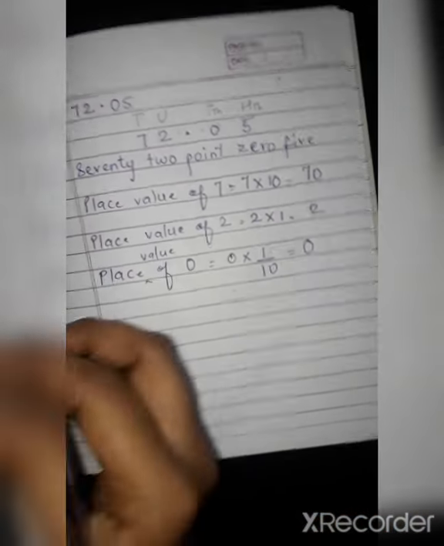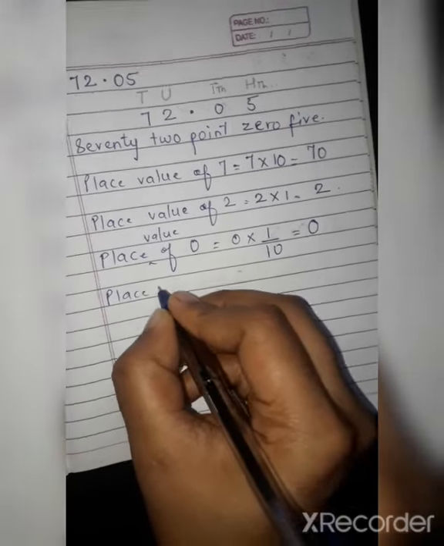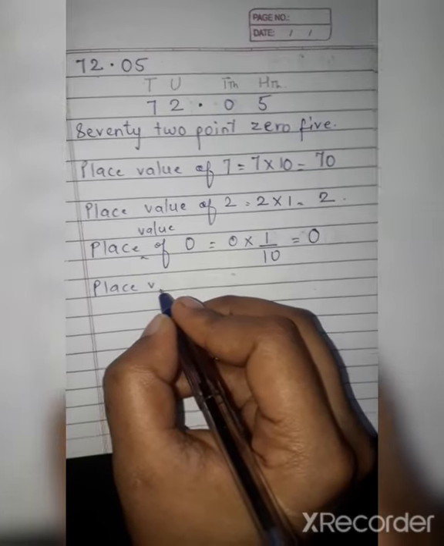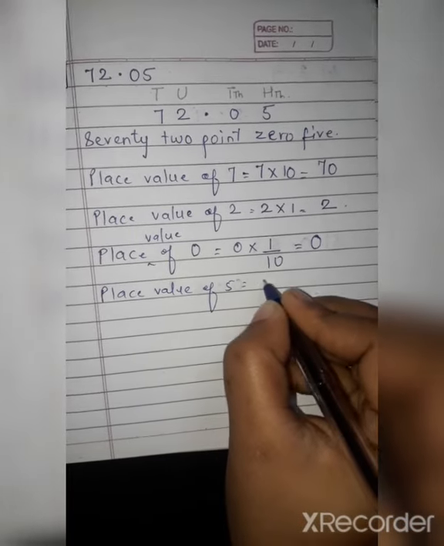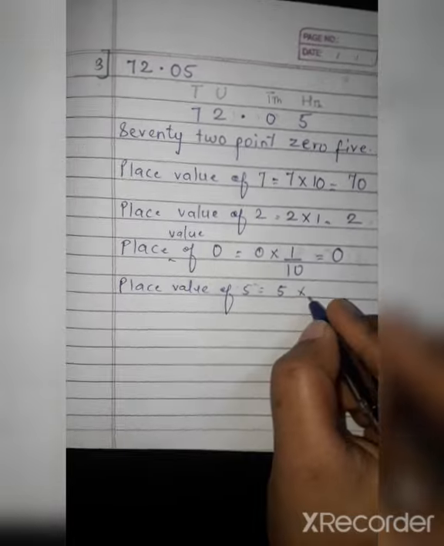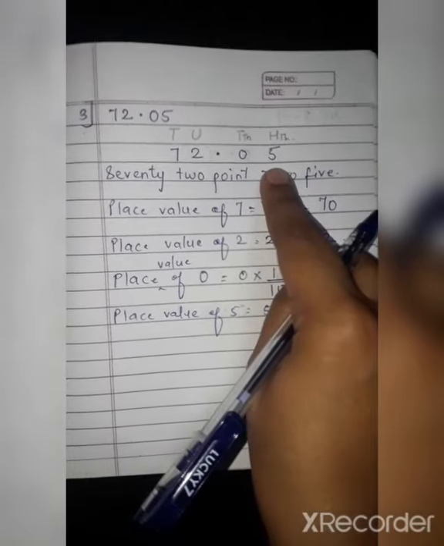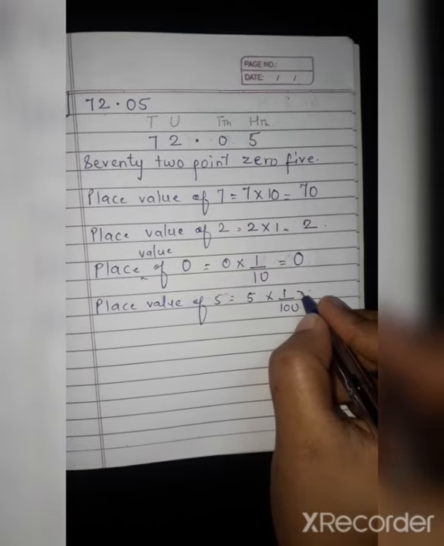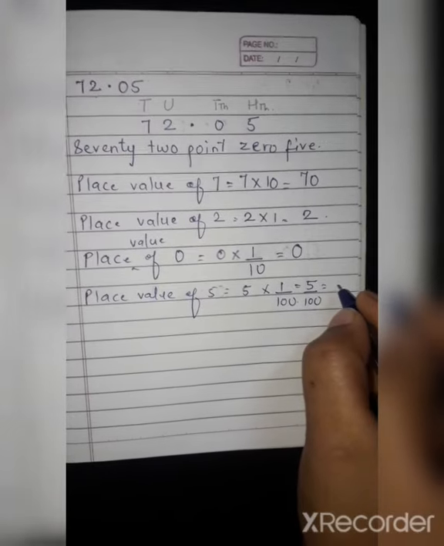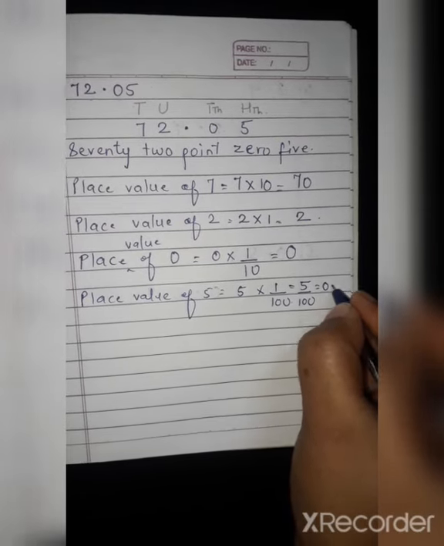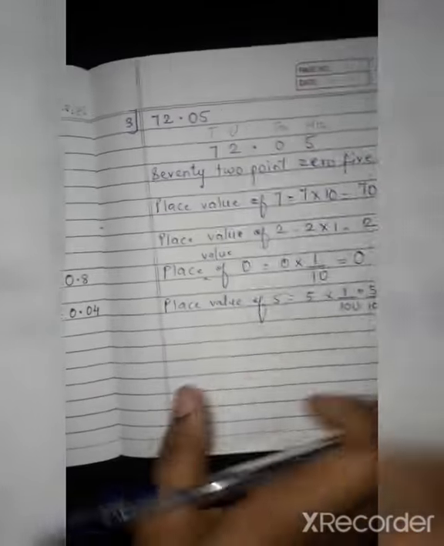Now we will write the place value of 5. Place value of 5. 5 multiplied by 1 upon 100, because 5 is at hundredth place. So the answer comes as 5 upon 100. So how will you write it in decimal? 0.05. Understood, students?